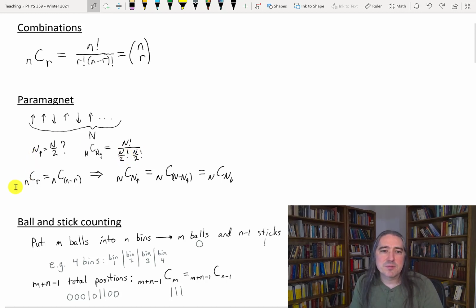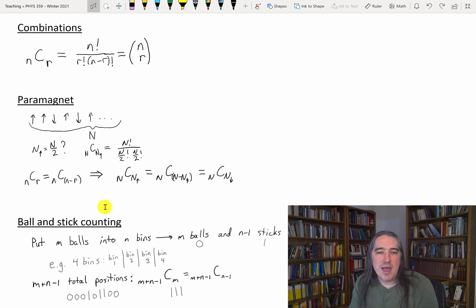One thing you'll notice from this is that n choose r is equal to n choose n minus r. The formula is symmetric under that change. In the case of the paramagnet, what that implies is that n choose n up, the number of microscopic states with n up spins pointing upward, is equal to n choose n minus n up, which is how many are pointing down.